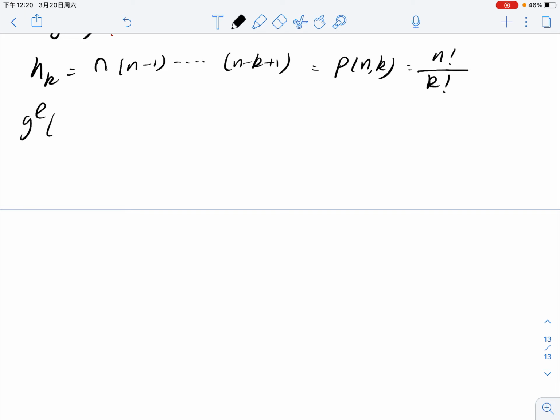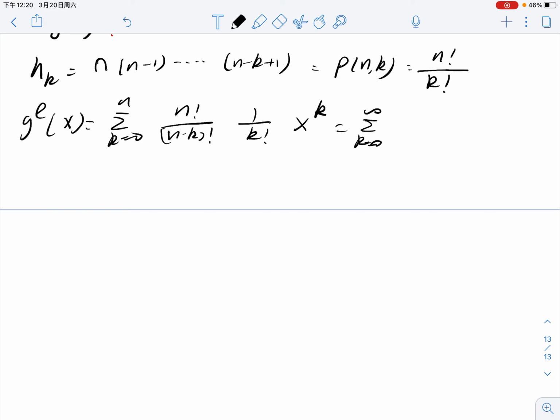And then the generating function is the summation of n factorial over n minus k factorial, times 1 over k factorial, times x to the k. So this is the summation of C(n,k) x to the k. So this is 1 plus x to the nth power.